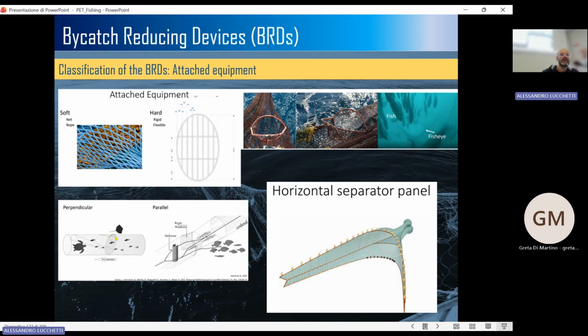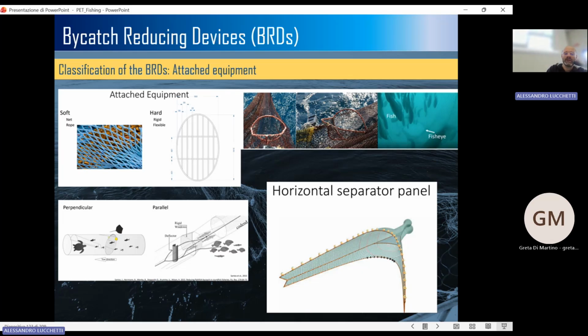Okay, this is the grid here, the hard or rigid grid that you can use in bottom trawling. Otherwise, you can use other things to reduce the bycatch, etc. There are several different means, but the turtle excluder device, which is this type of grid, works like this. It's a barrier for large megafauna.